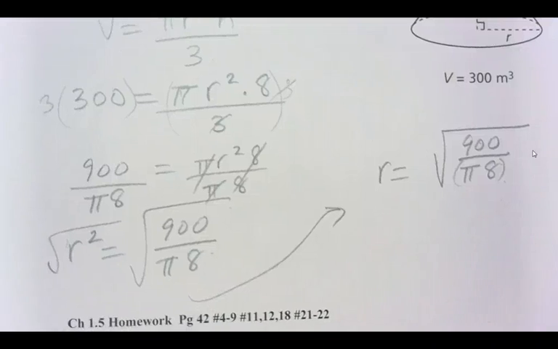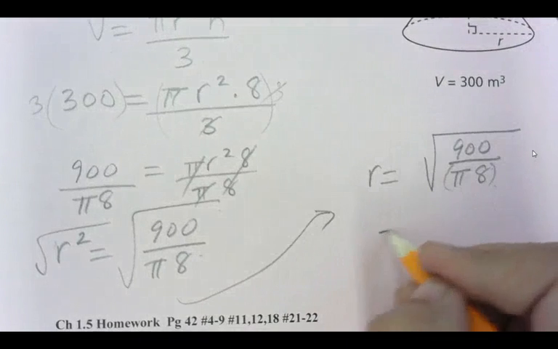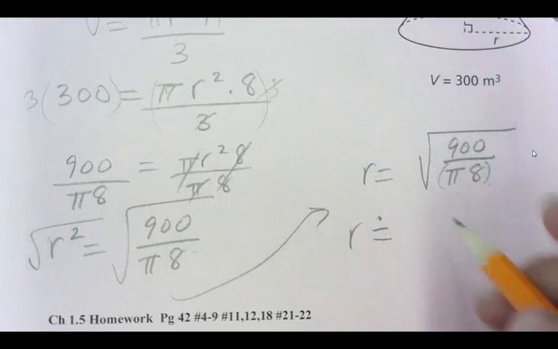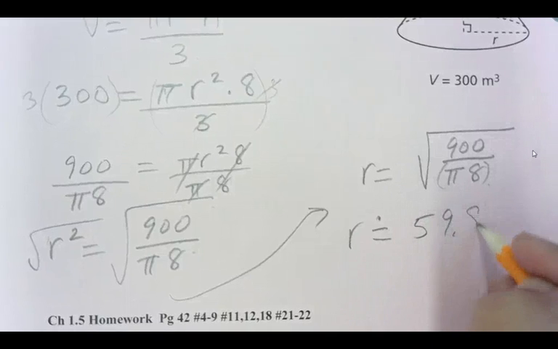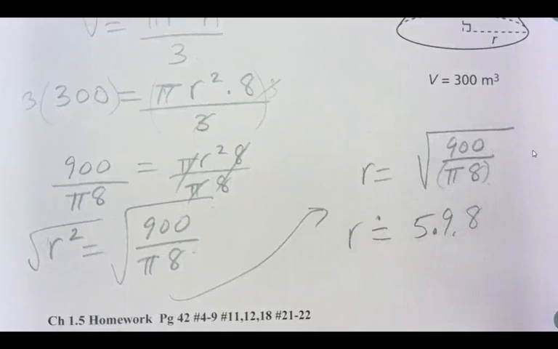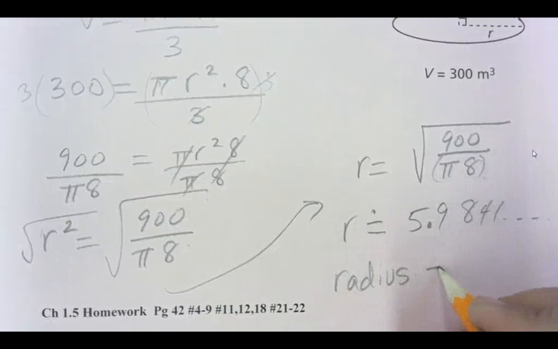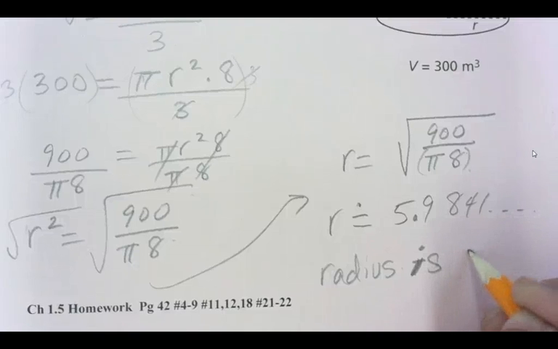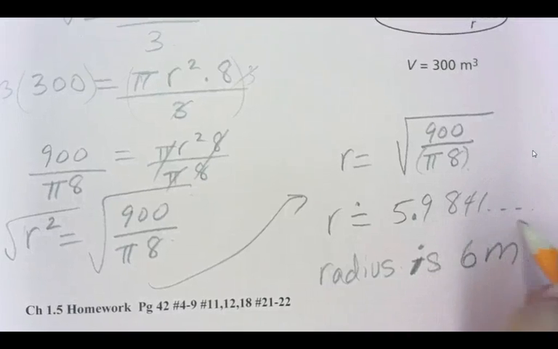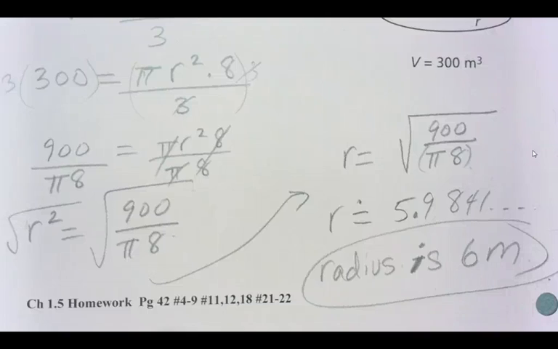Make sure you have brackets down there. Okay, so approximately that answer is 5.9841 dot dot dot. So the radius is approximately 6 meters. And that's it.